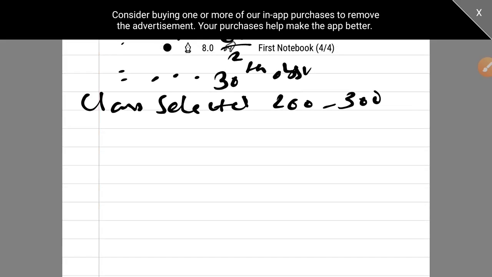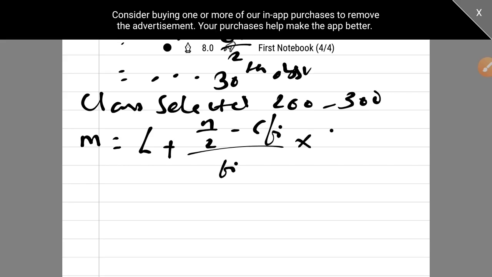Now median is L plus n by 2 minus CF upon Fi into C.